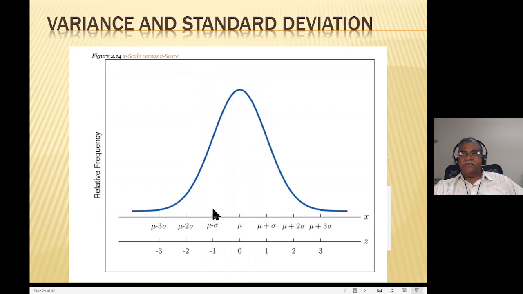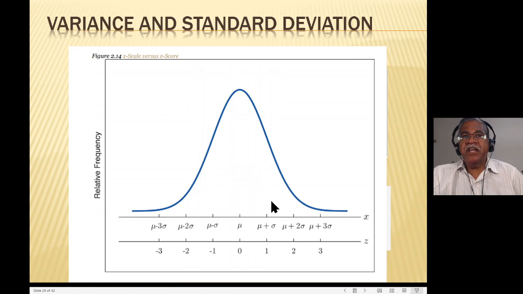If you take into account this much, you have about 68% of the data. This has actually been calculated, which means most of the data is close to the mean or highly precise data.